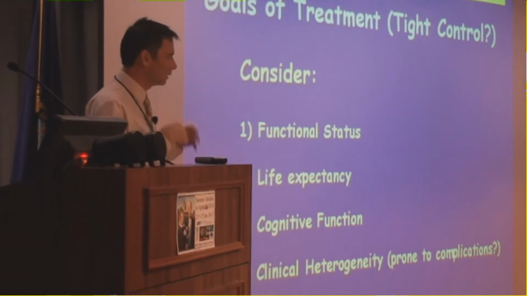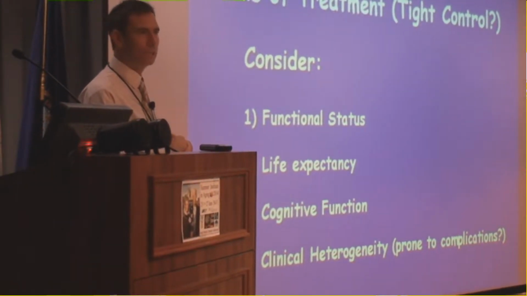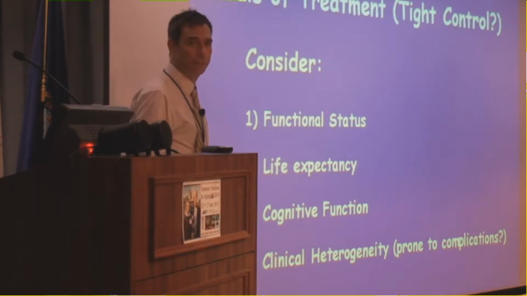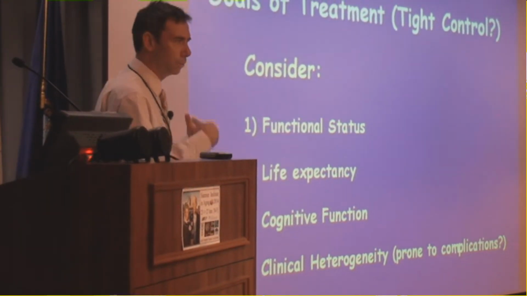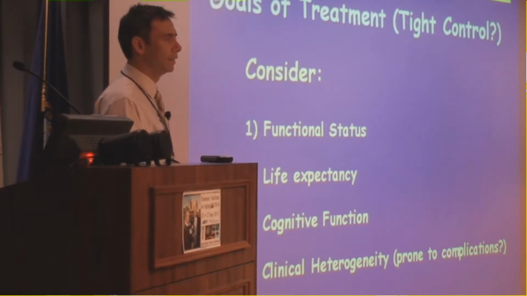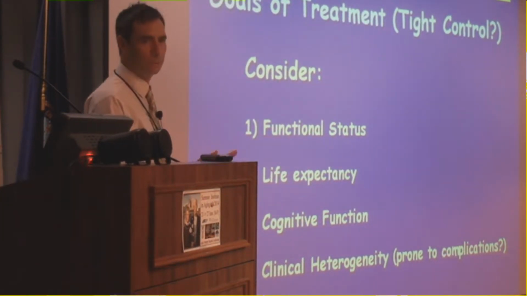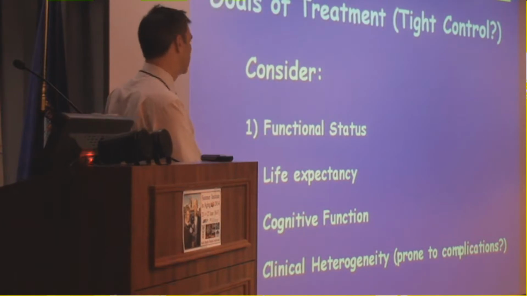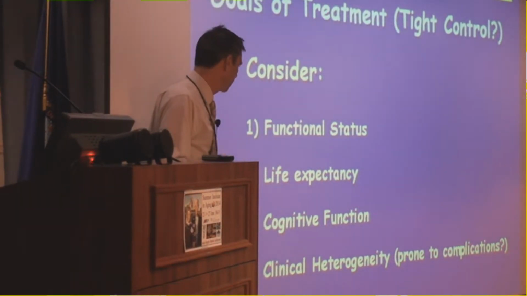So in general, try to not think so much about the age, but how functional they are. That means what is the life expectancy, and probably their functional status at home and work in general. So that's what I mentioned.